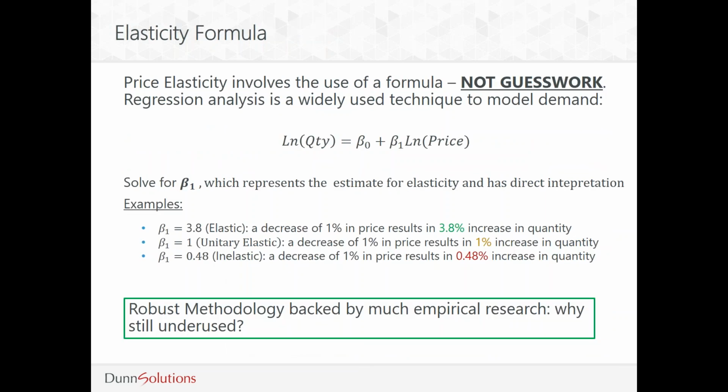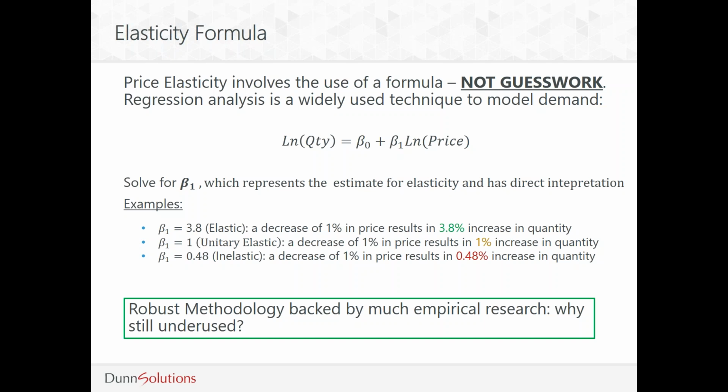So if elasticity is a metric, it means that it involves a formula. It can be calculated. It's not about guesswork. One of the many techniques, and you've probably heard of this technique over and over, is regression analysis. Now, regression analysis, I don't want to go into too much detail, but basically it's a formula that models your historical quantity as a function of your historical prices.